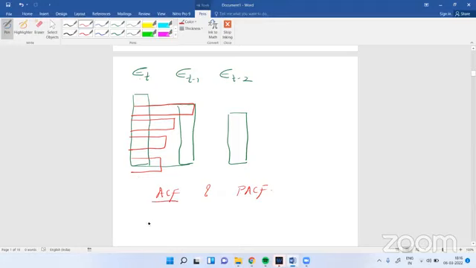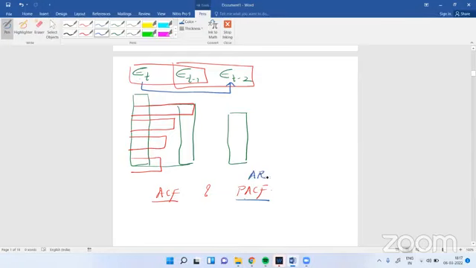ACF is like carrying out the correlation between consecutive terms, and PACF is carrying out the correlation between successive terms, t to t minus 2 directly, and therefore PACF is a signal for AR terms and ACF is a signal for MA terms, right?